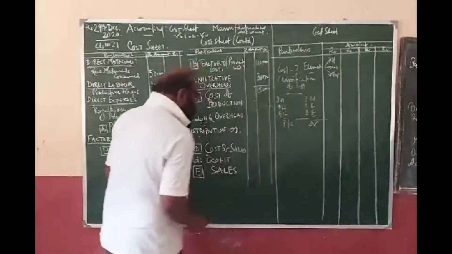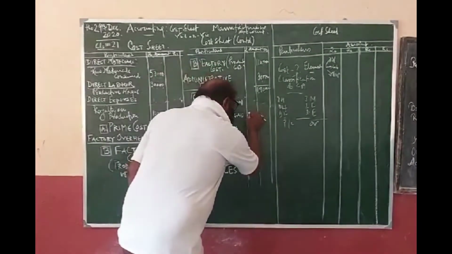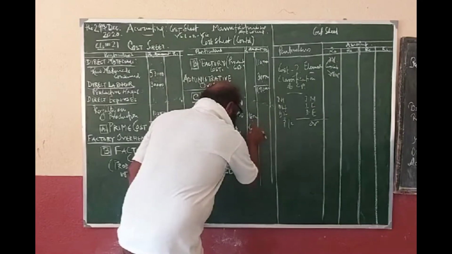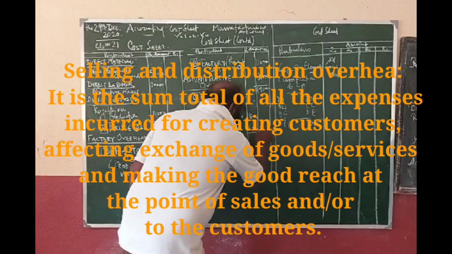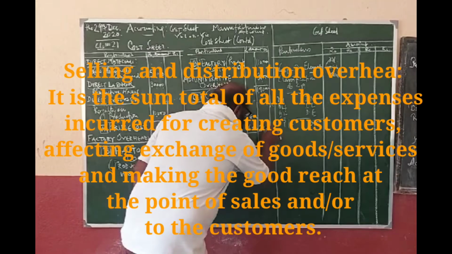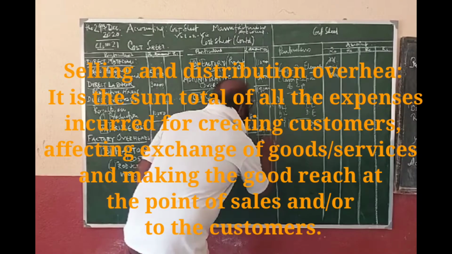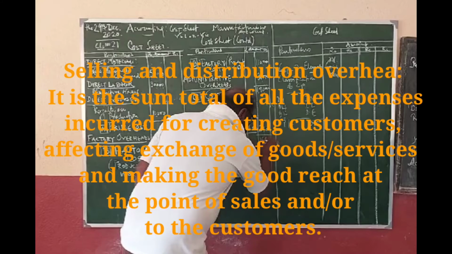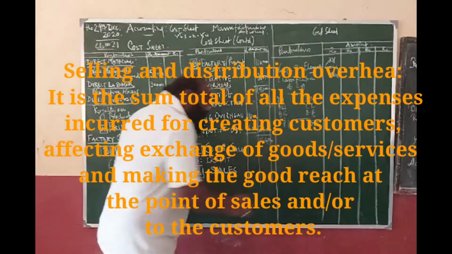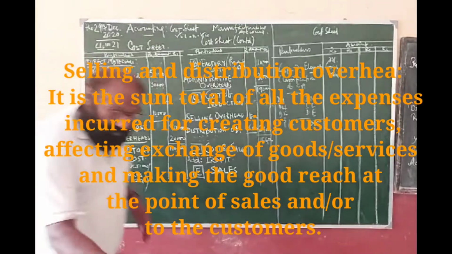Clear? And to that cost of production, we should add selling overhead, say selling overhead 18,000 and distribution overhead 6,000. So that is 24,000. Clear? And it is known as the cost of sales. So it is 1,66,000. That is the cost of sales of the organization.